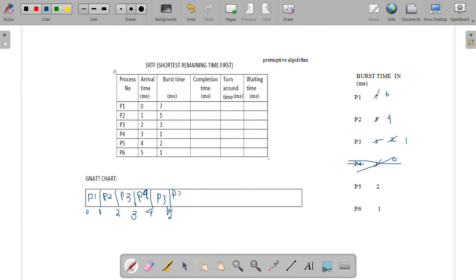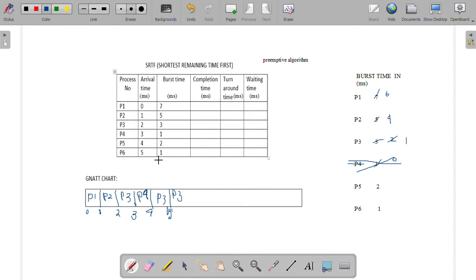For how many milliseconds? When all the processes have arrived, which happens at 5 milliseconds, we need not schedule each process for only 1 millisecond.